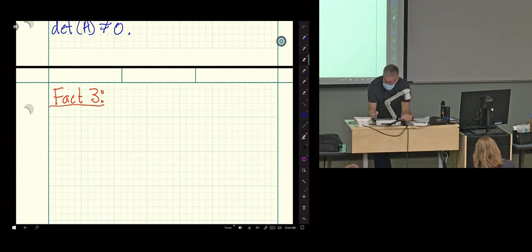Oh, I'm jumping ahead. I should tell you what happens when the determinant is equal to 0. Okay, then we'll get to there.